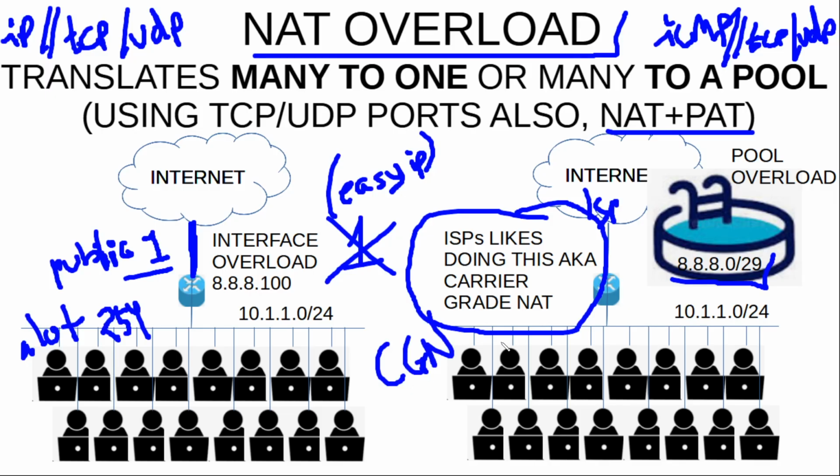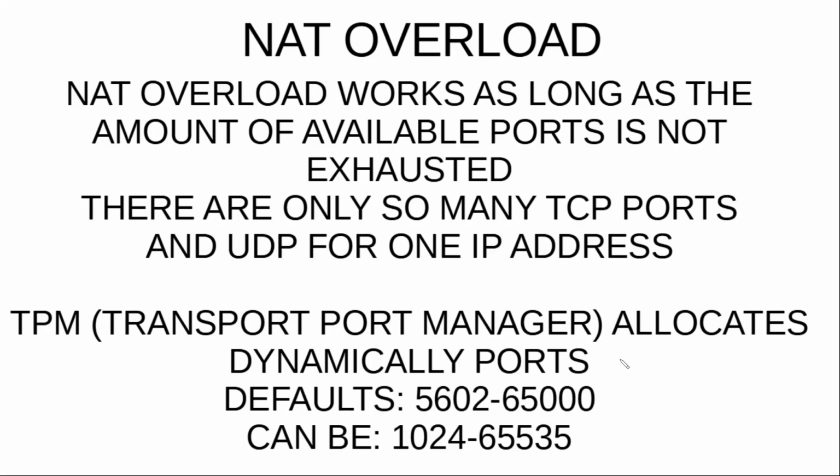So CGN happens when you have these huge pools of public IP addresses and you are using this NAT overload trick in order to provide internet access to hundreds or maybe thousands of users. But you can use it on the enterprise as well using pools.